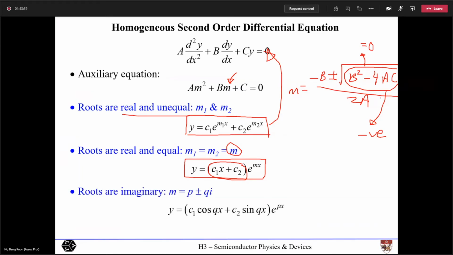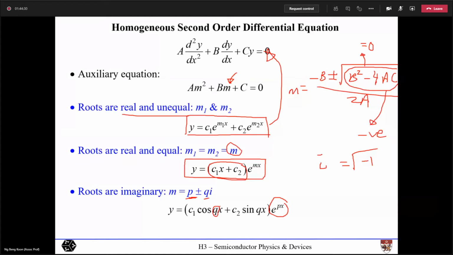Okay, so the roots can be generalized as p plus minus q i, where i is the square root of minus 1, the complex number. If it is imaginary and of this form, then the general solution will be e to the power of px, the real part of the root, and the imaginary part, q, goes into the trigonometric function.